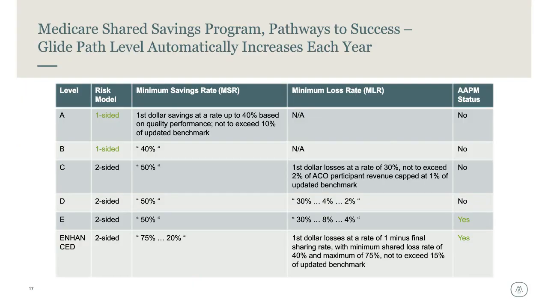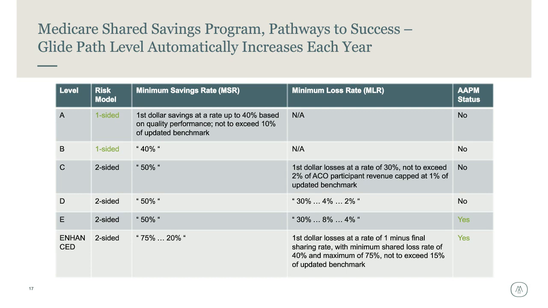So this is just a graphic about the levels. There's A through E, and then once you complete that 5-year cycle, you would move into the enhanced program. And under some circumstances, some ACOs could repeat, just staying at level E. I highlighted in green that when you're in level A and B, it is a one-sided risk model.